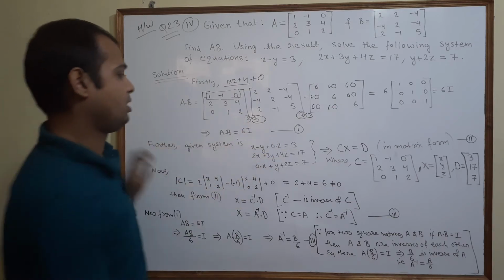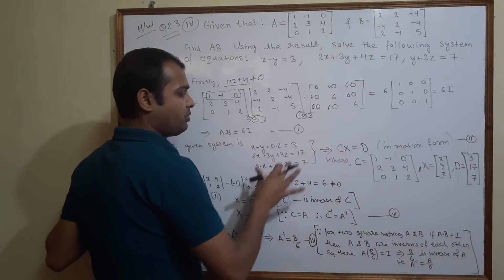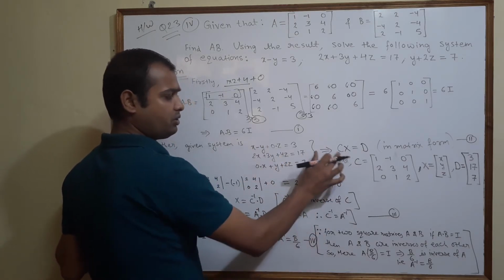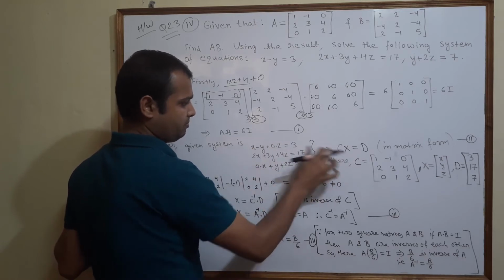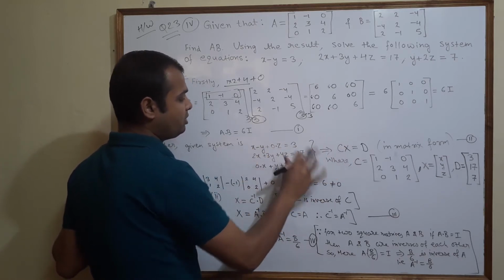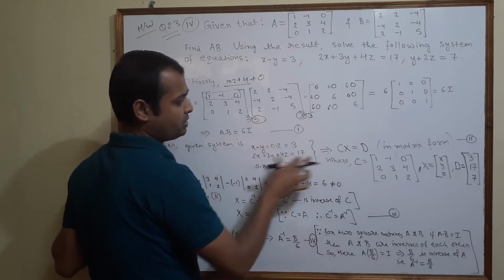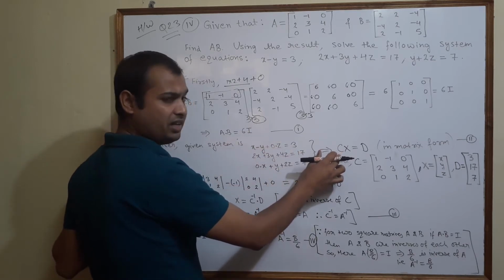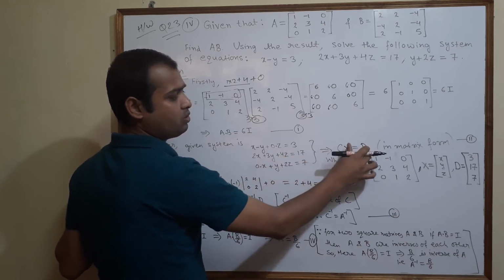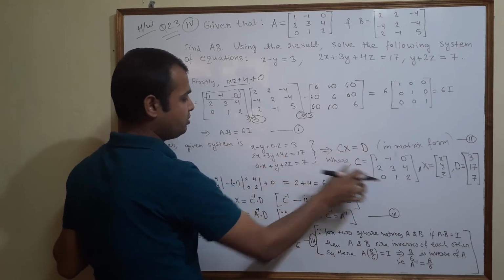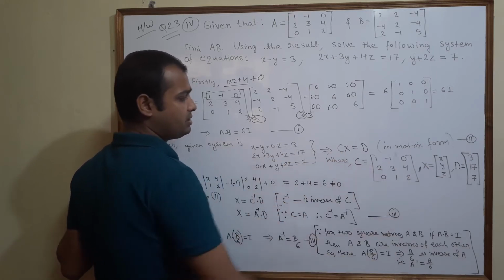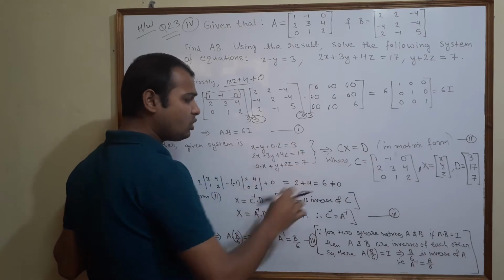So this system of equations can be written in matrix form. Here I am not denoting the matrix of coefficients with the letter A, I am taking C. So I am writing C x equal to D, where C is the matrix containing the coefficients, x contains the variables, and D contains the constant terms.